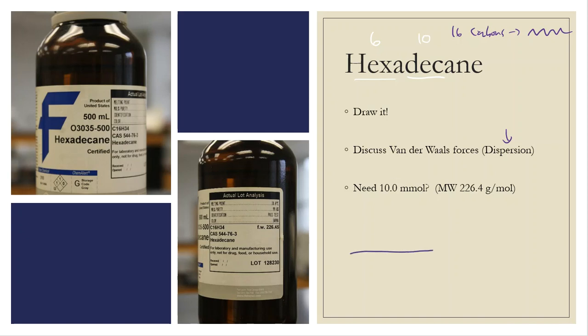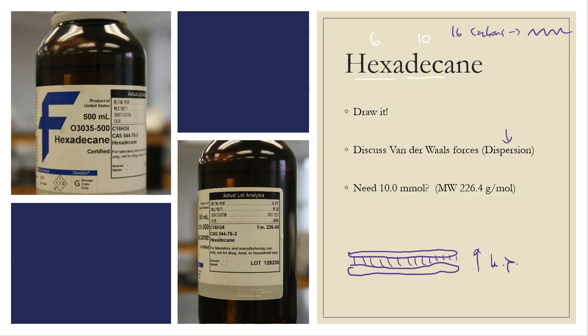So typically, the longer the carbon chain, the longer the molecule, the more they can overlap. And if they can overlap as much as possible, then this really skyrockets their boiling point here. Alright, so hexadecane has a certain boiling point. You can look up that boiling point in the textbook. I mean, they give it to you right there up front and center. So if you want to know what that value is, that's where you can find it.